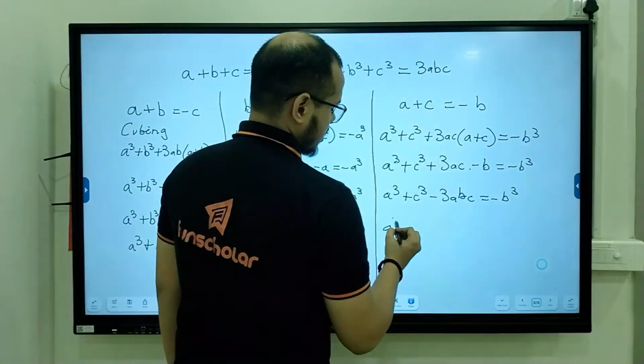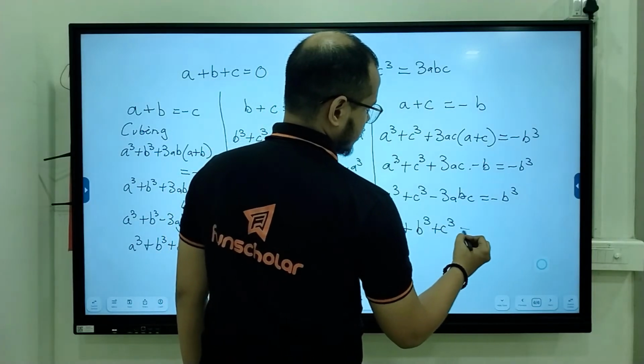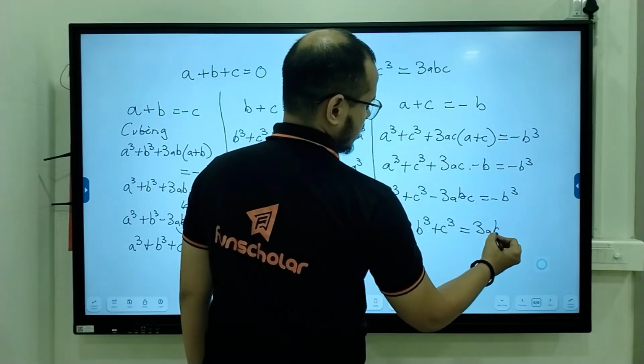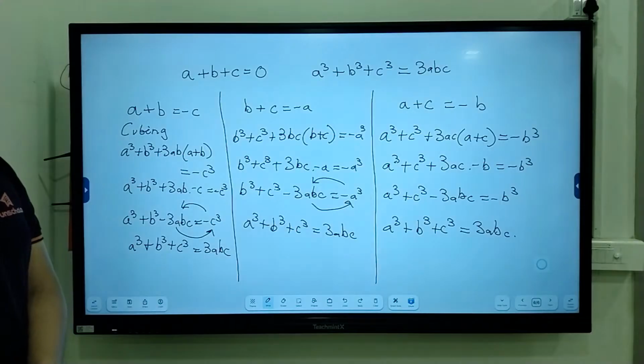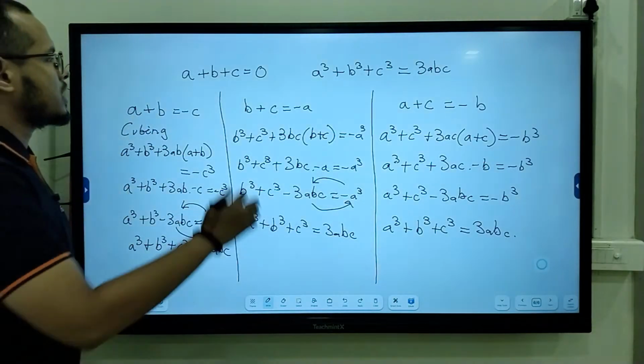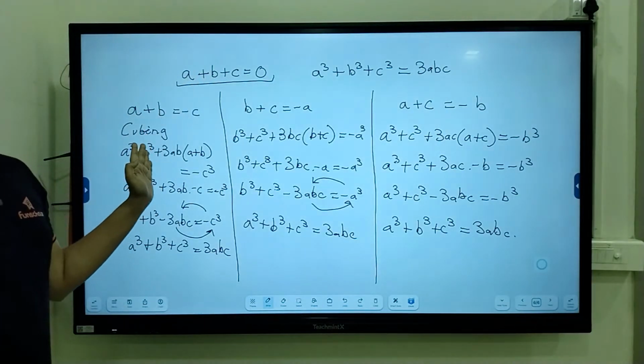Last one as well, a cube plus b cube plus c cube is equal to 3abc.